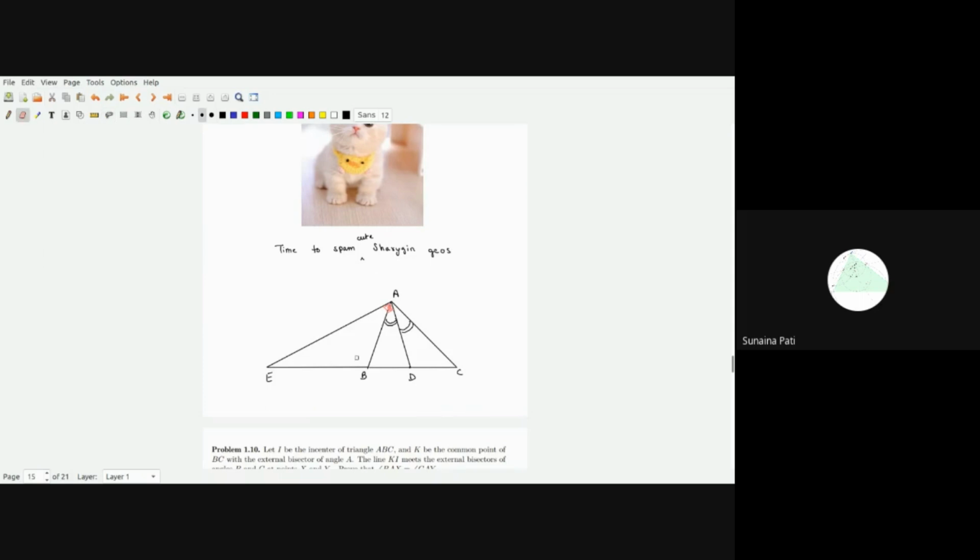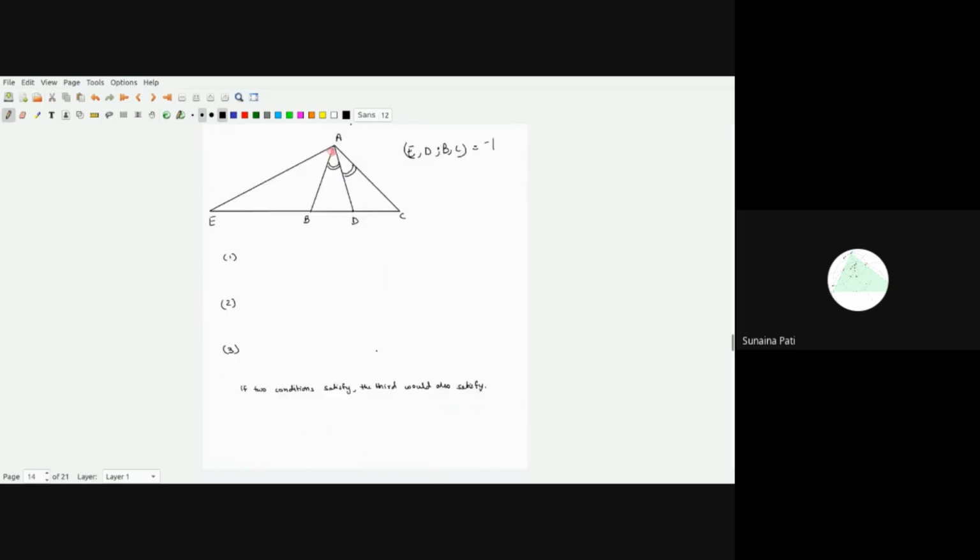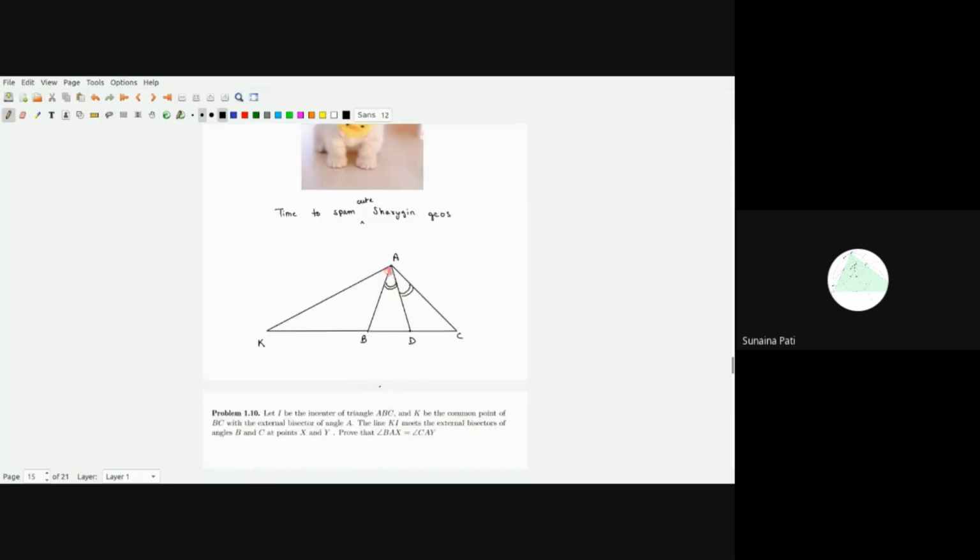So basically you have triangle ABC and then K as the common point. By the way, if you guys don't realize, AE is definitely the angle bisector of the angle A, just because it's forming 90 degrees. So yeah, then we have the angle bisector.